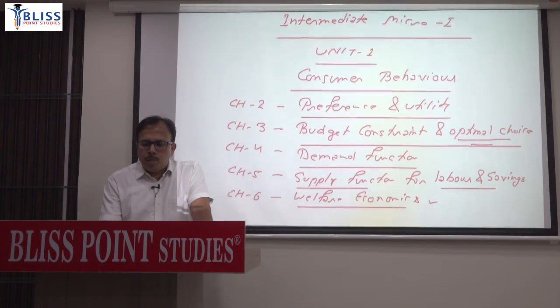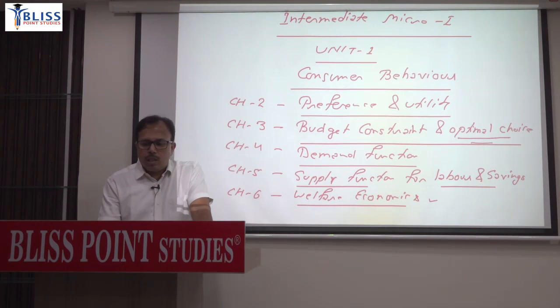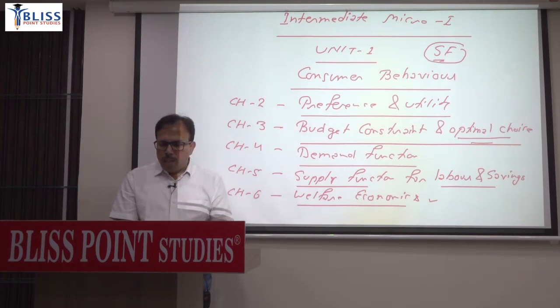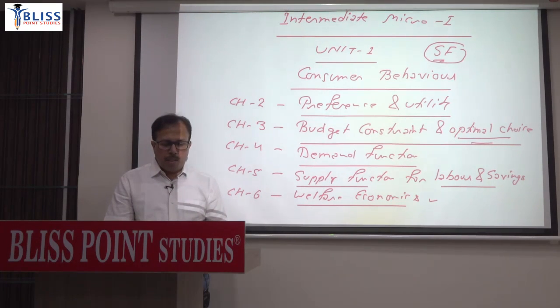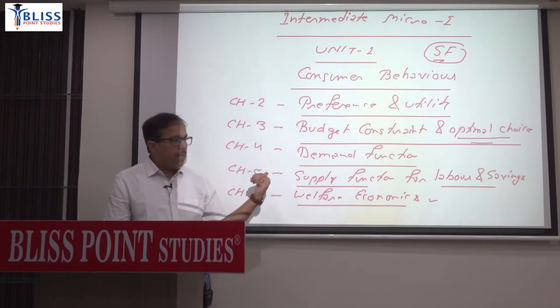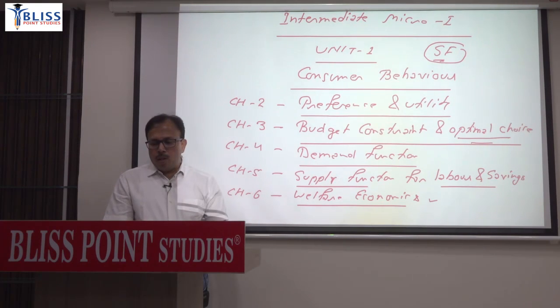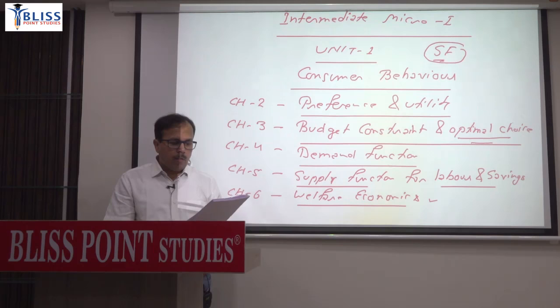So all chapters are basically relevant and important, and the source we have written for this is SF, Serrano and Feldman. Obviously you will also have the complete reference and reading list for all the units, but so far what is available with me is the first initial chapters.